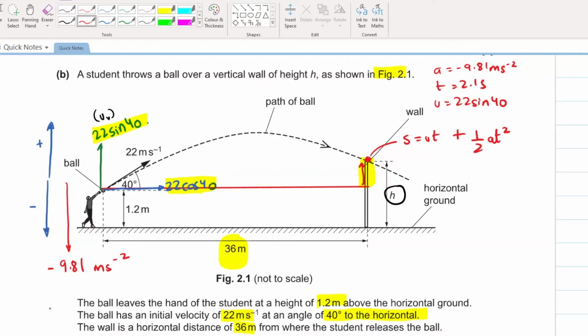That's why acceleration due to gravity is negative 9.81 m/s squared.